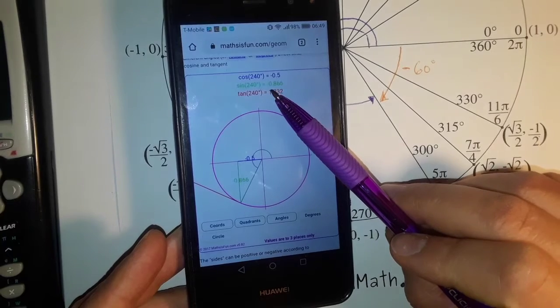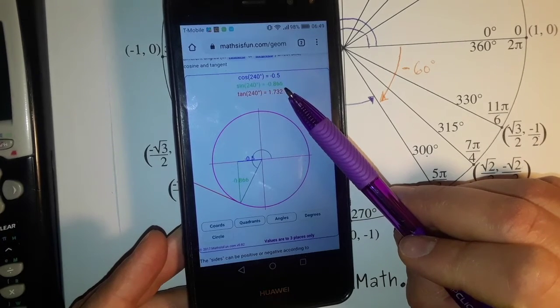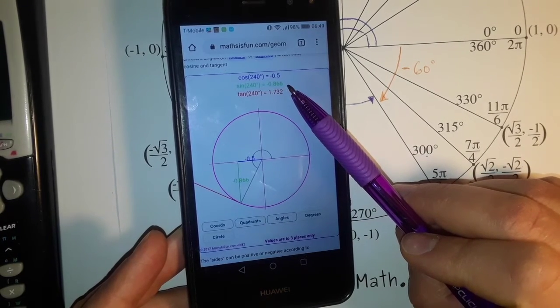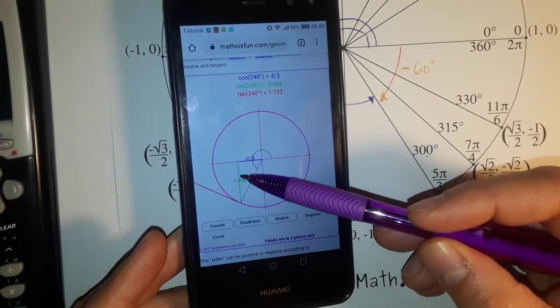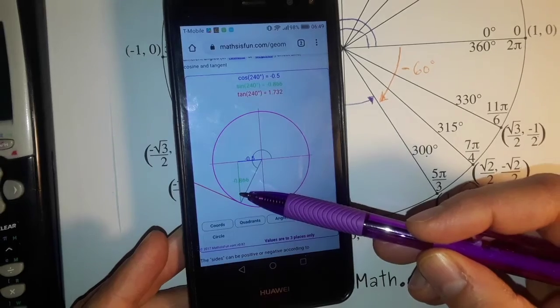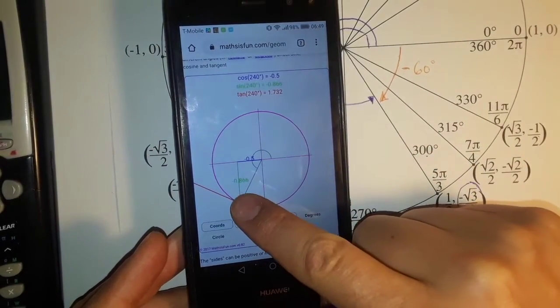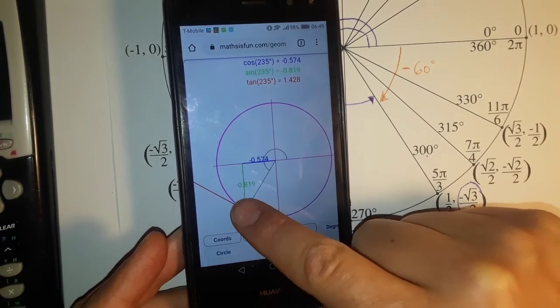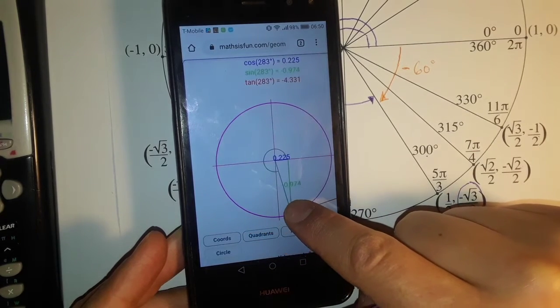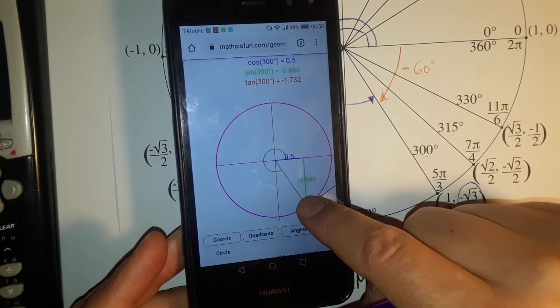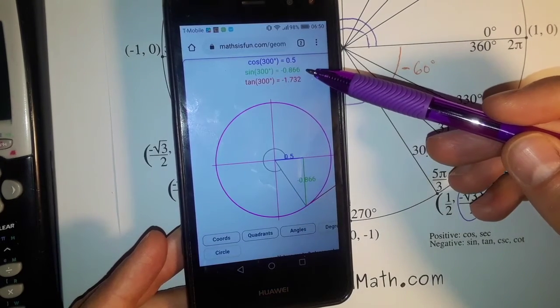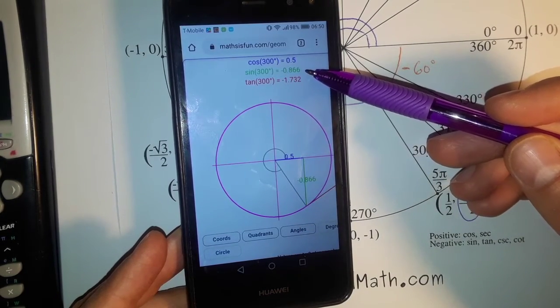And we get negative 0.86, which is actually negative square root of 3 over 2. Now this is the sine. Where do we find an equal sine? In here, right? So that's also going to be at 300. We're going to have exactly the same solution.